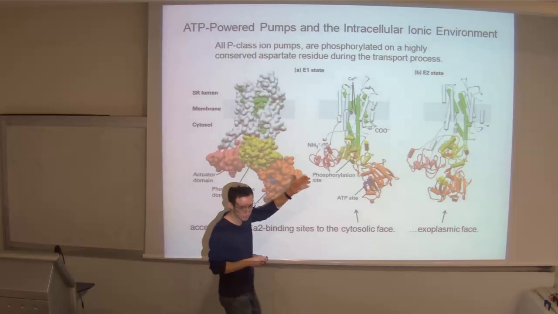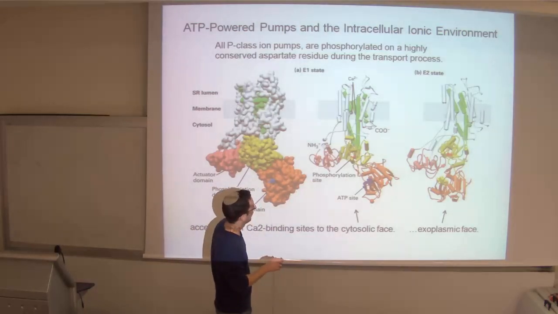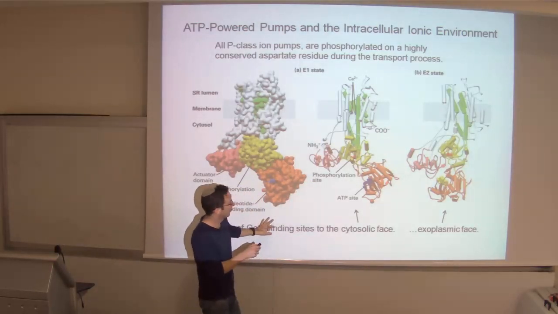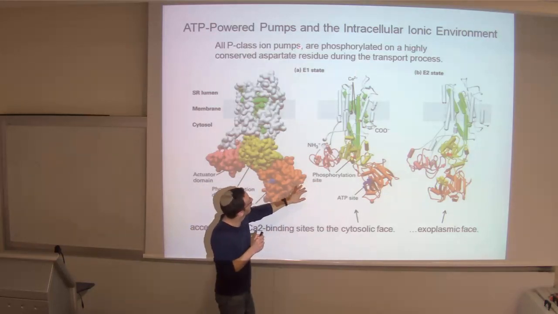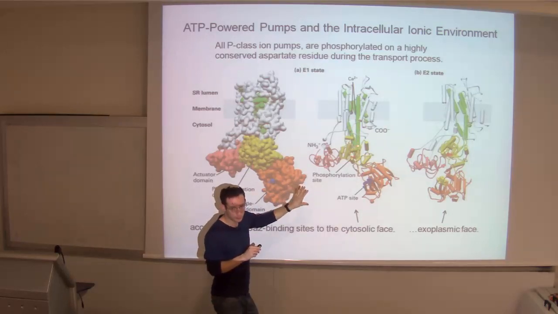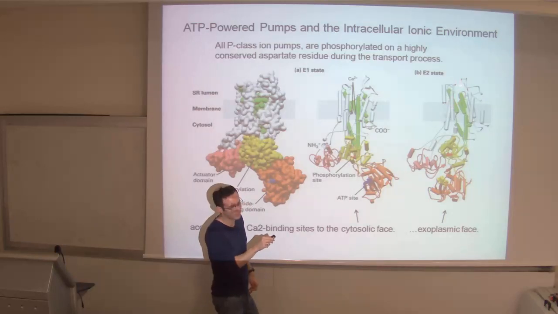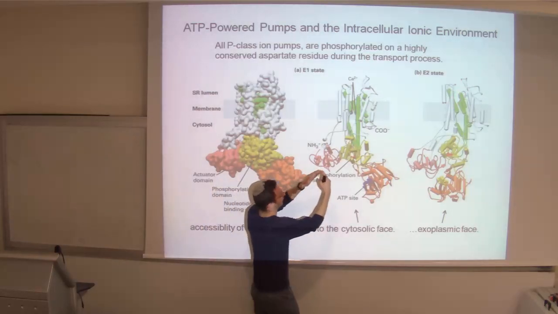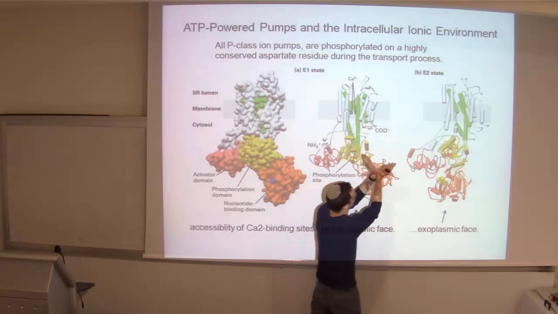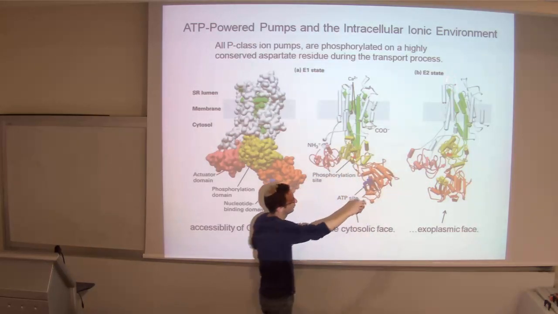And in the more simplified cylinder model, you can see 2 important things here. So first, this is E1, and this is E2. It's not that obvious in the model, but if you look hard, you'll note that in E1, the 2 binding sites for calcium are more exposed towards the cytosol, and here the same sites are more exposed towards the SR. So this is sort of the gate that is either open towards the cytosol or towards the ER, somewhere between these 2 cylinders.